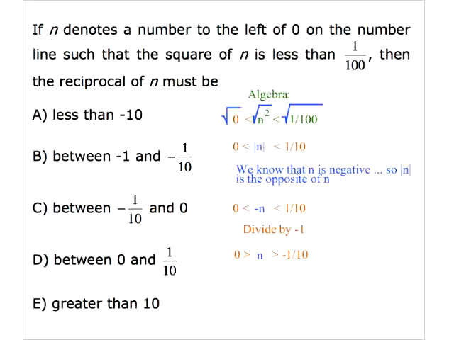And then if you take a reciprocal, that flips the inequality again, because reciprocals also work the opposite way. If you take the reciprocal of a smaller number, you get a bigger number. You can't do the 0, so you just take this part of the inequality and do the reciprocal of it.